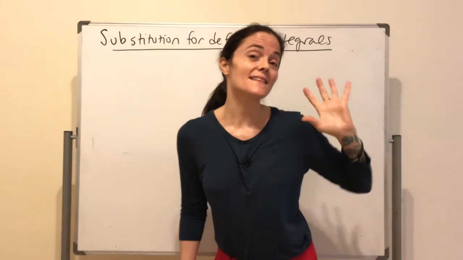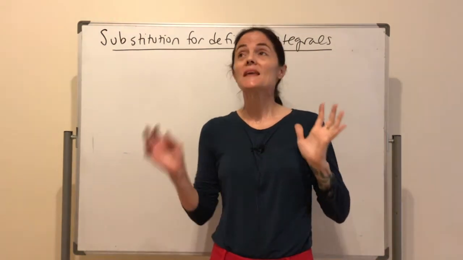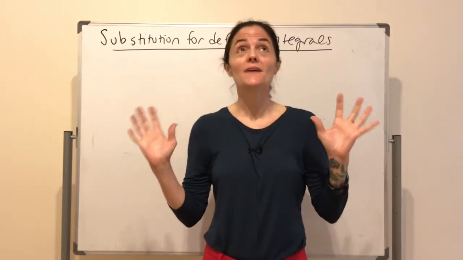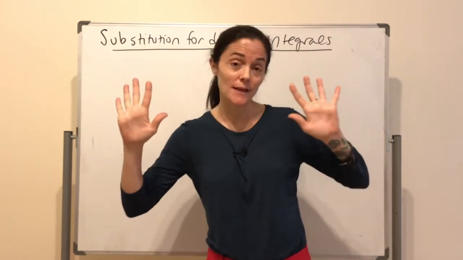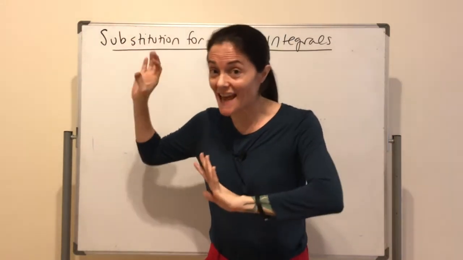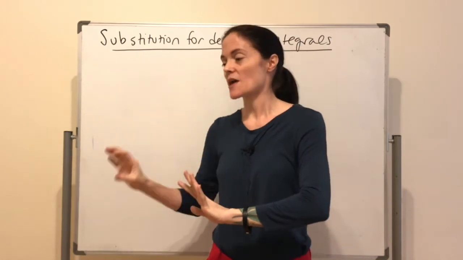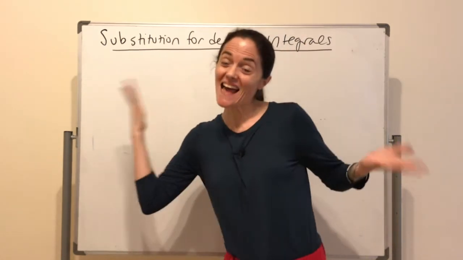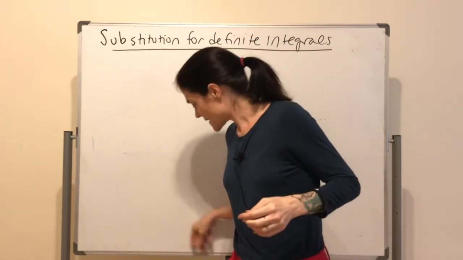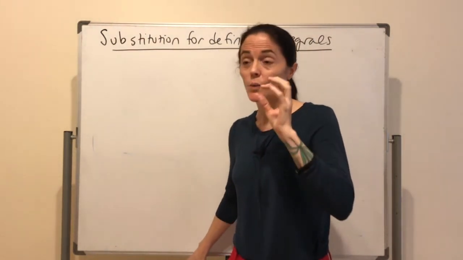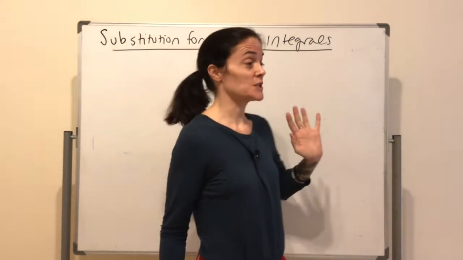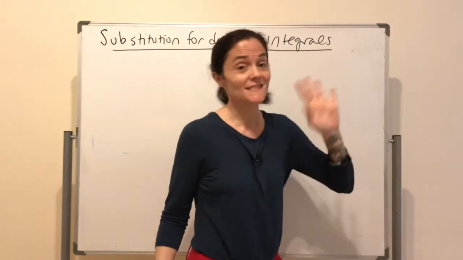The idea behind this other way is, instead of first finding an indefinite integral, a capital F of x plus c, and then going back, evaluating at the upper limit, which is an x limit of integration, evaluating at the lower limit, which is also an x limit of integration, and taking the difference, we convert the definite integral into a definite integral which is entirely in u.